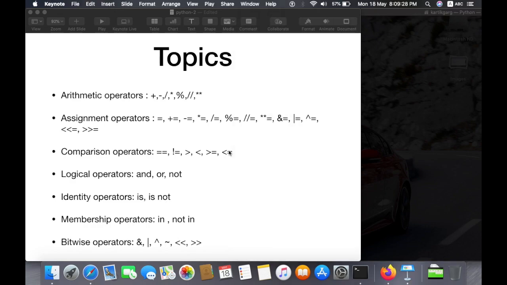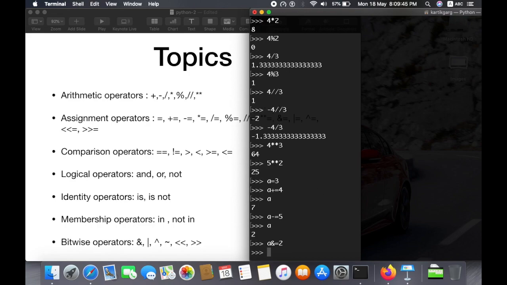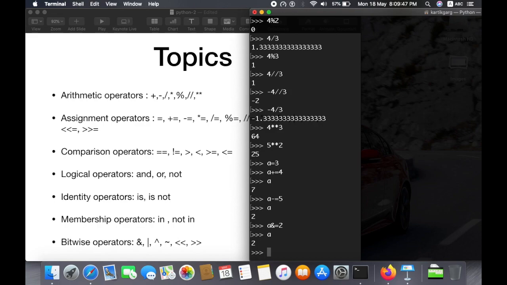So if we try one of these, like what will happen, a and equals to 2. As we all know, a is 2 right now, so let's check what will happen. A is the same.